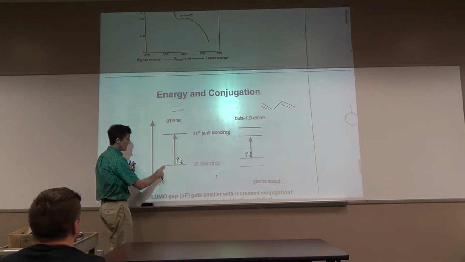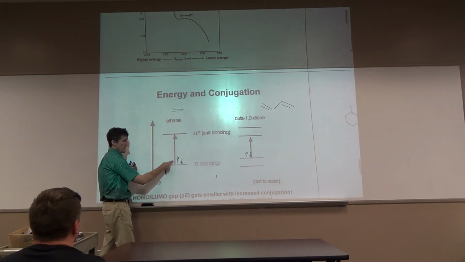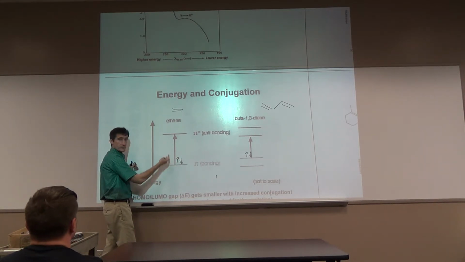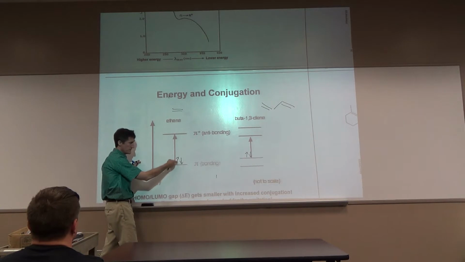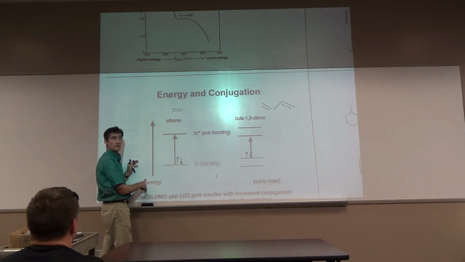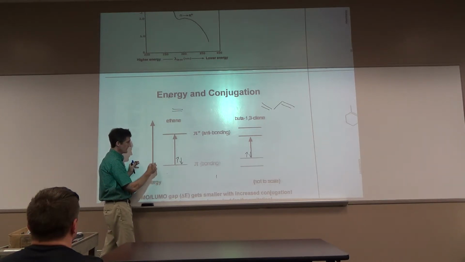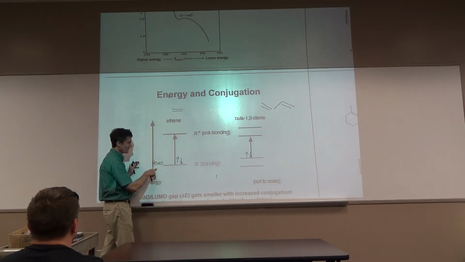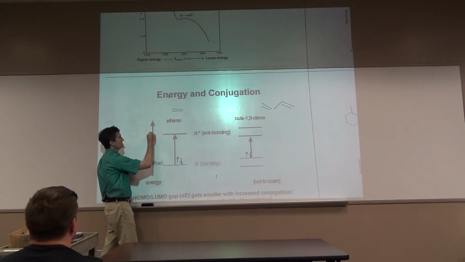By the way, what do you call this guy here and that guy here? This is the one that is typically the highest energy orbital that contains electrons. What do you call this? You ever heard this? HOMO? Highest occupied molecular orbital. What do you call this guy?